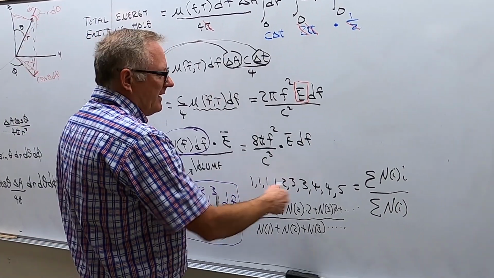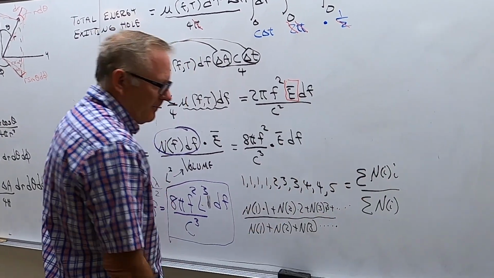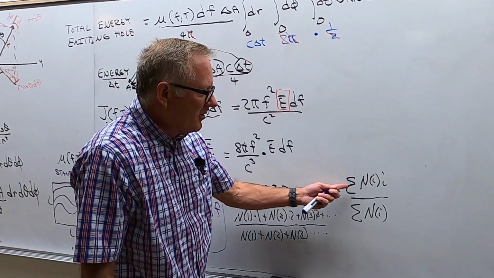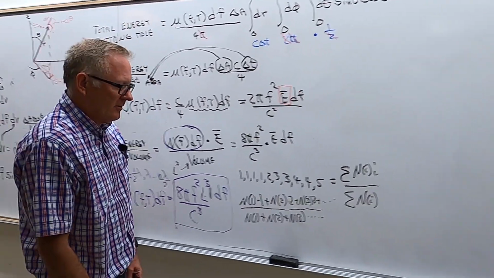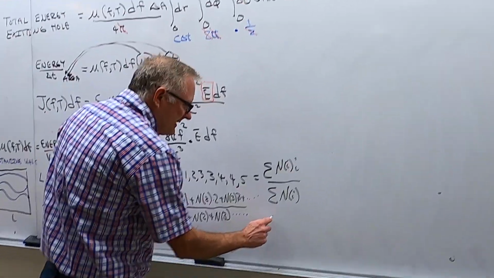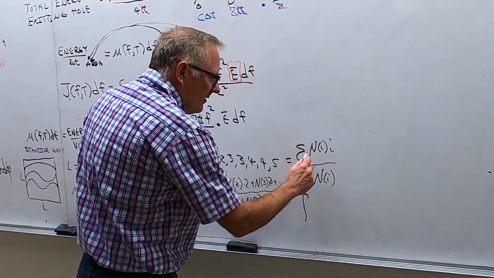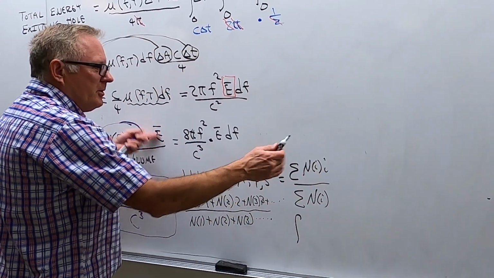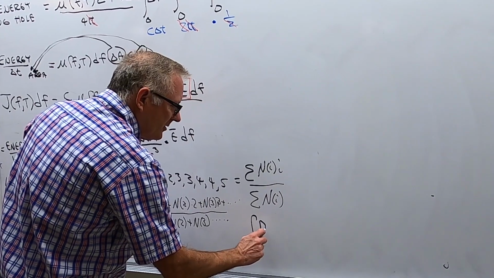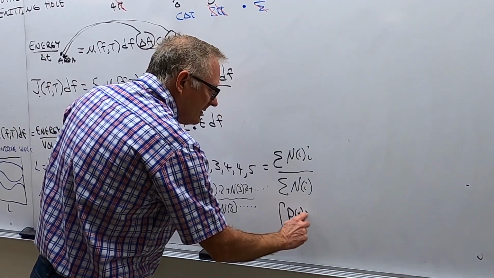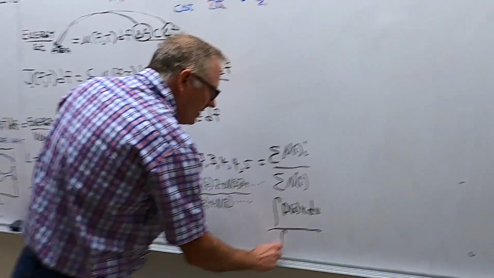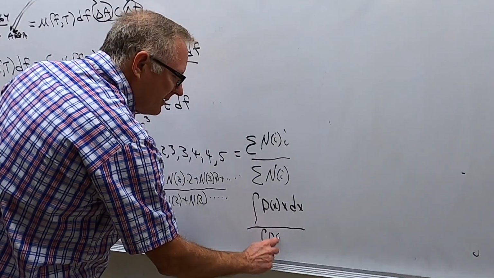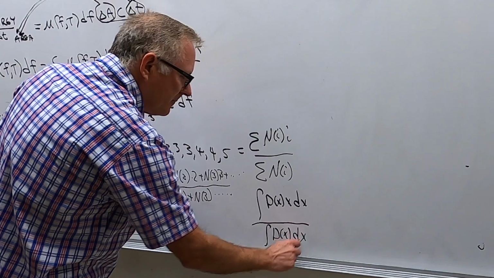If these were real numbers and decimals right here, well, then instead of having a sum, you'd probably turn that into an integral, and you'd write this as the integral of the distribution of x times the x value, dx, all over the integral of the distribution of x, dx.